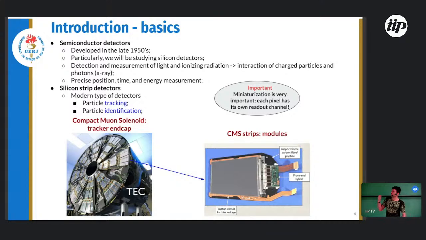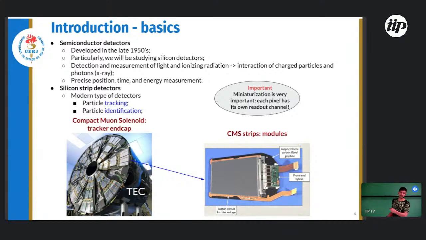We can use these for measuring photons and charged particles at our experiment, as I will show in the following slides. And we can use these to make precise position and time measurements, and also some measurements of energy, but the main goal for these today in high energy experiments is measuring position and time.